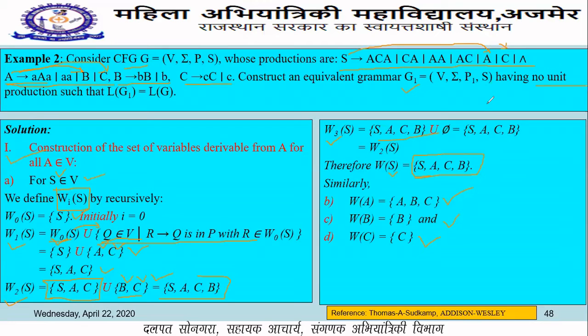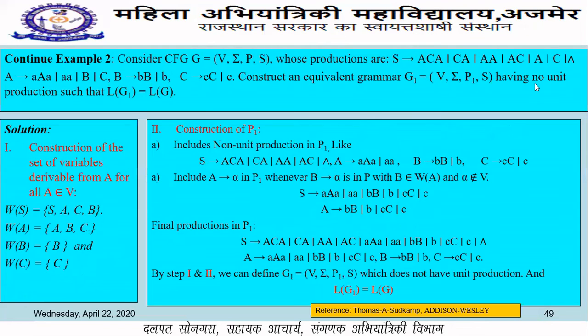Next, we go for our next step. This is our next step, construction of production. In the previous step we first calculated this. So in the next step we construct the set of simplified production, and in this step we first include all those non-unit productions available in the set of production P. We include those into a simplified set of production P1.